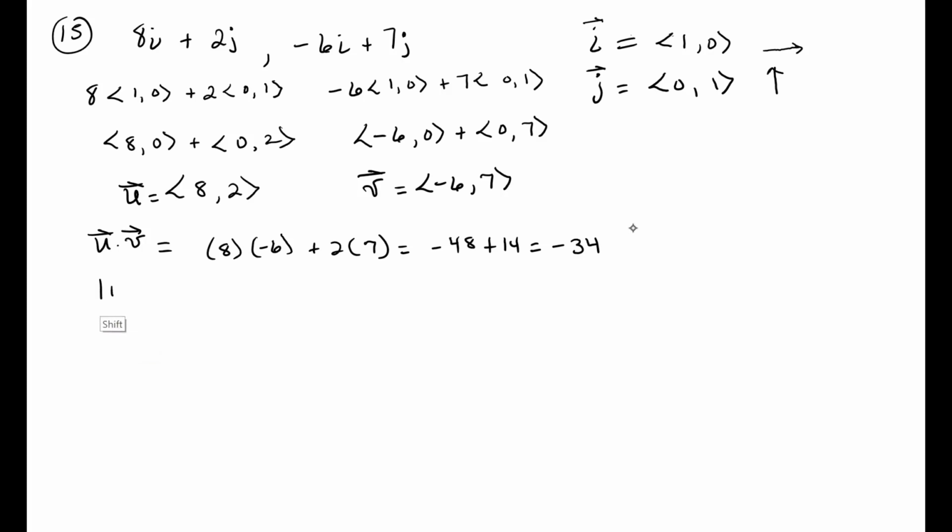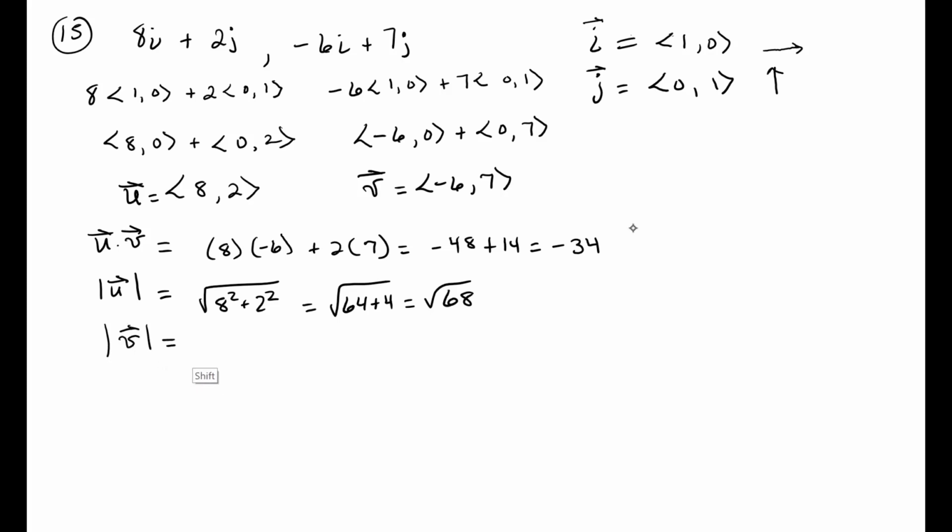And now we find the magnitude of u. Again, a play on the Pythagorean theorem: the square root of 8 squared plus 2 squared, which is the square root of 64 plus 4, which is the square root of 68.